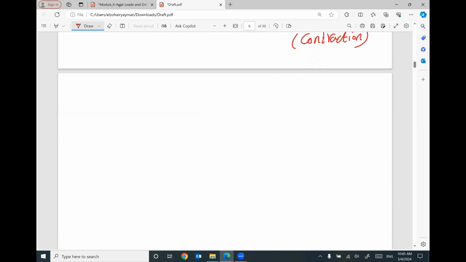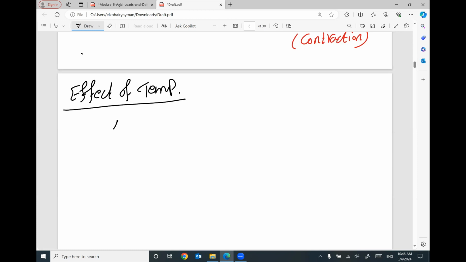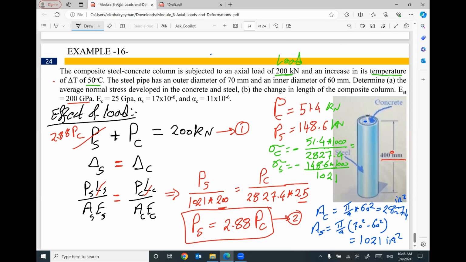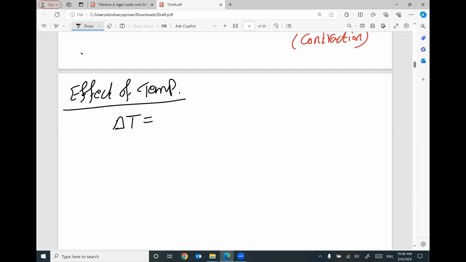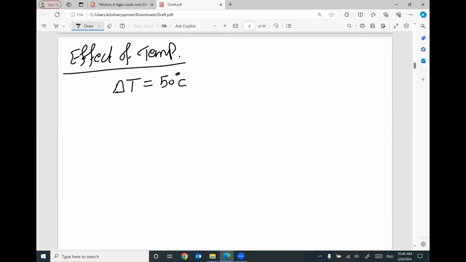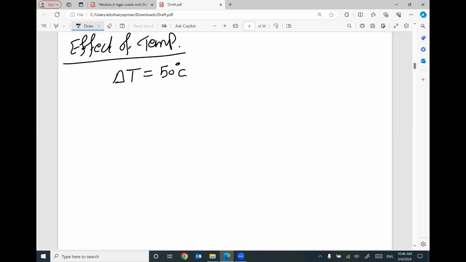I need to resolve the problem one more time to figure out the effect of temperature. We have a change of temperature based on the problem equal 50 degrees Celsius. So do you remember how we can solve the composite column under the effect of temperature?